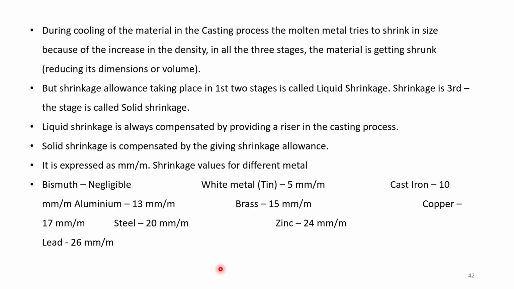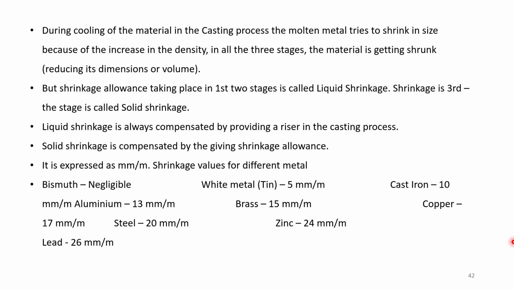Now during cooling of the molten metal in the casting process, it tries to shrink in size because of the increase in density in all three stages. The material is getting shrunk, it's reducing its volume. Shrinkage taking place in the first two stages is called liquid shrinkage, and shrinkage in the third stage is called solid shrinkage.